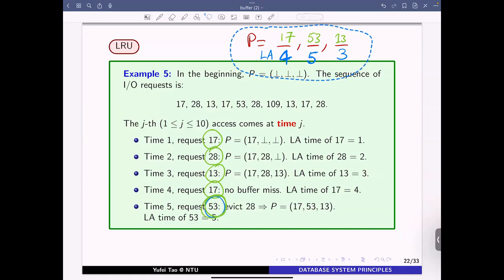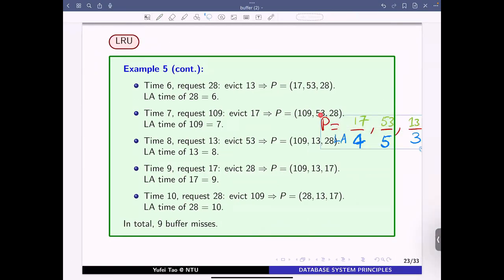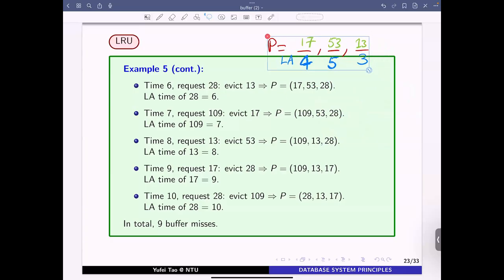All right, we're going to continue on the next slide. Continuing, the next one is 28, a miss. We kick out 13. So this is 28 with LA time 6. The next one, 109, a miss. Too bad, a lot of misses.